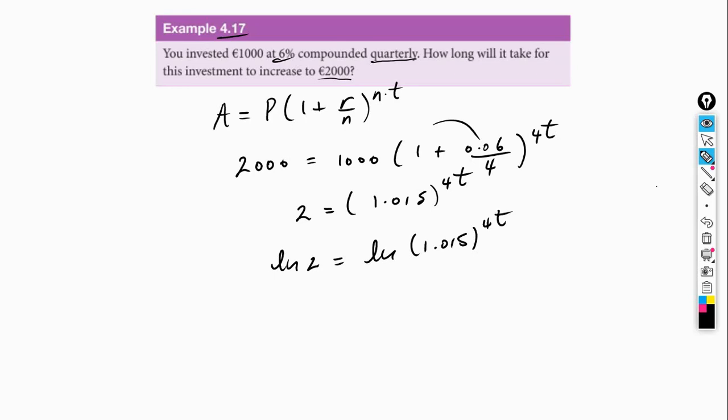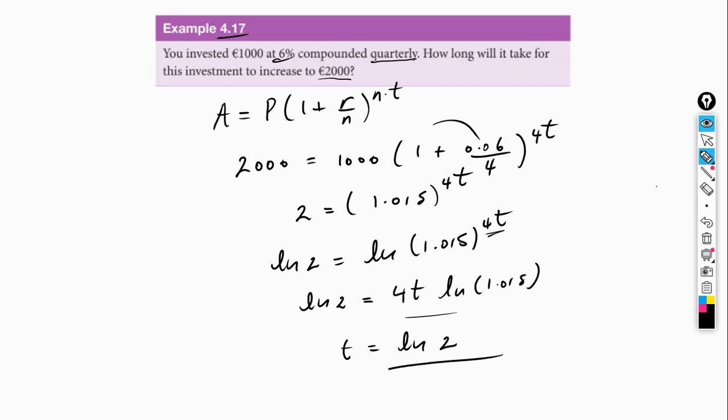And then here we use the properties of logarithms to send this to multiply. So we have natural logarithm of 2 is equal to 4t times the natural logarithm of 1.015, and then we can send everything to divide except t from this side, and we end up with t is equal to the natural logarithm of 2 divided by 4 times the natural logarithm of 1.015.